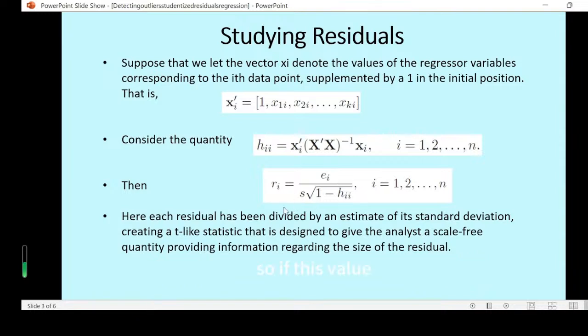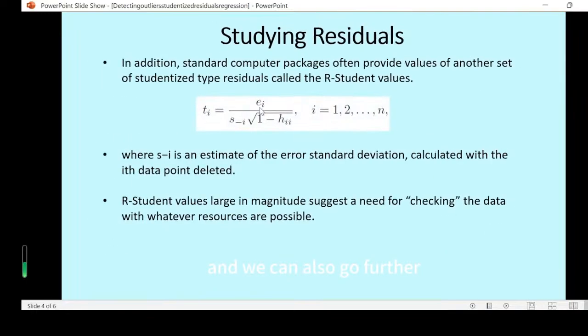So if this value is a t-like statistic and it is significant, we will be skeptical that this observation is an outlier. And we can also go further to use another S. This S is the estimate of the error standard deviation, which is calculated with this observation deleted.